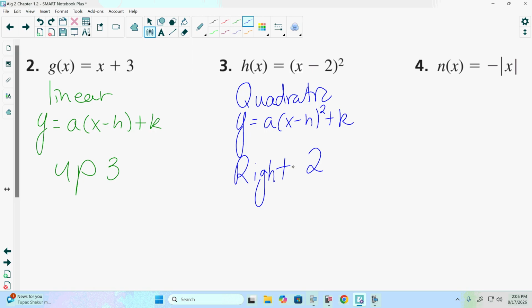Questions on this here? We ready for the last one of this set? N of X equals negative absolute value of X. Parent is absolute.